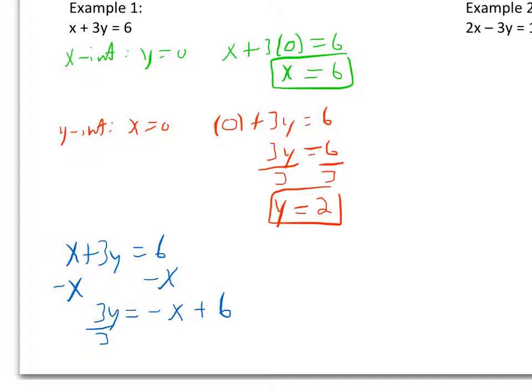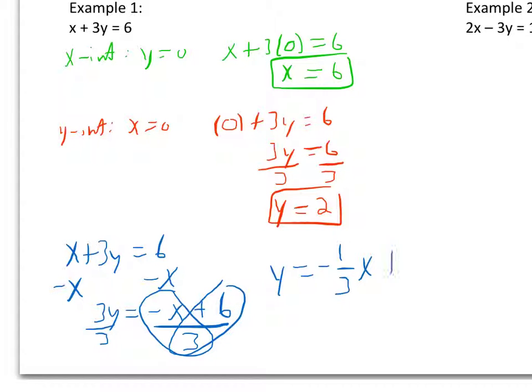Then we divide both sides by 3, and our answer will be y equals, and in this case we're going to write the individual divisions. We would do this part, which is negative 1 over 3 x. Then we would do this part, which is plus 2. And this is your line in slope-intercept form.